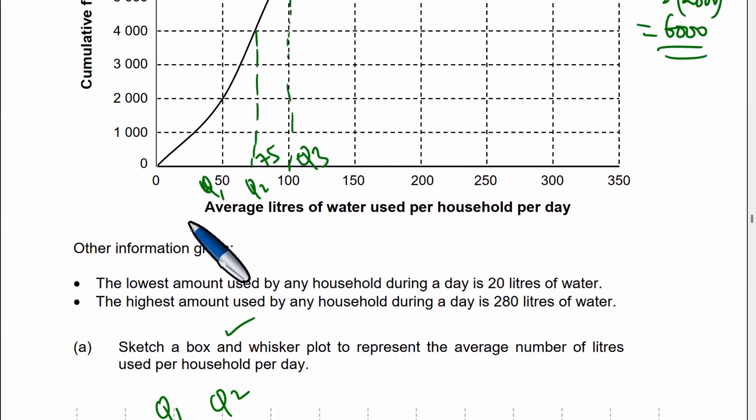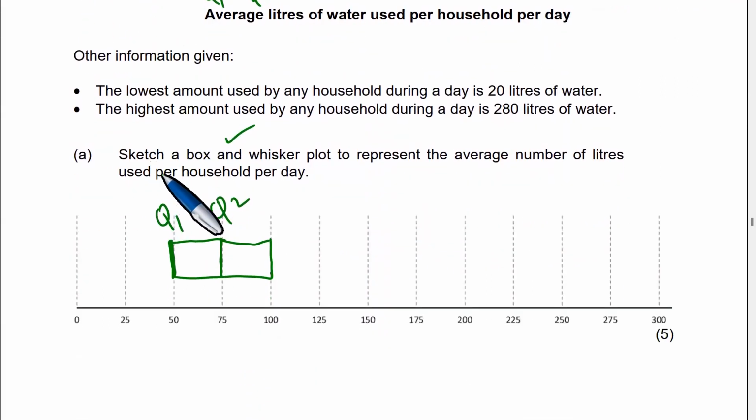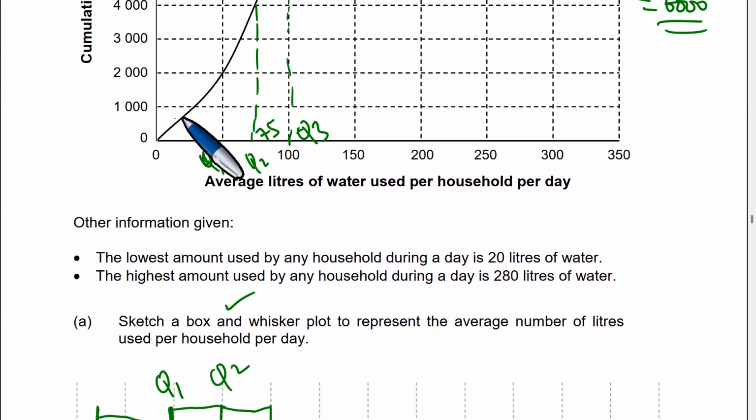If you take the lowest of all of them, you can see that at 1,000 we have like 25. And then it goes to approximately 0. It goes to 0, in fact. So the lowest point is just below 25 here.